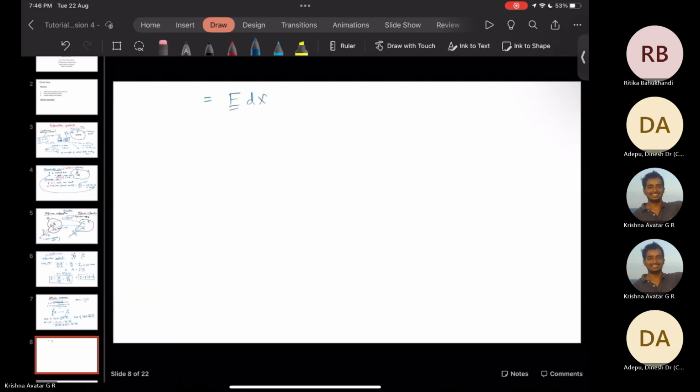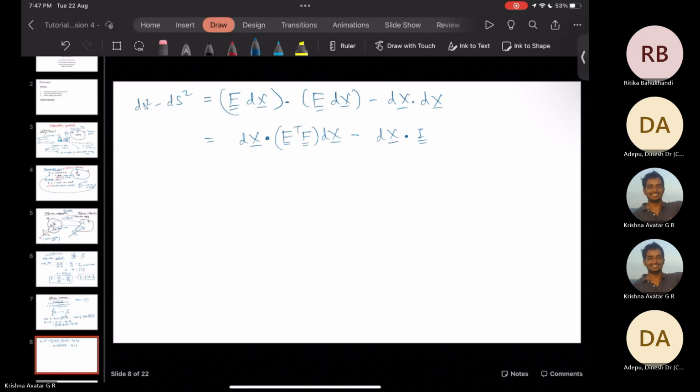Now using these vector and tensor properties, what we had seen is we can write the first term here as d capital X vector dot F transpose F d capital X, then minus, and we can always introduce something known as an identity tensor. The identity tensor, when it operates on any vector, keeps it intact, so it will still be d capital X. This is just some mathematical jugglery we are doing.